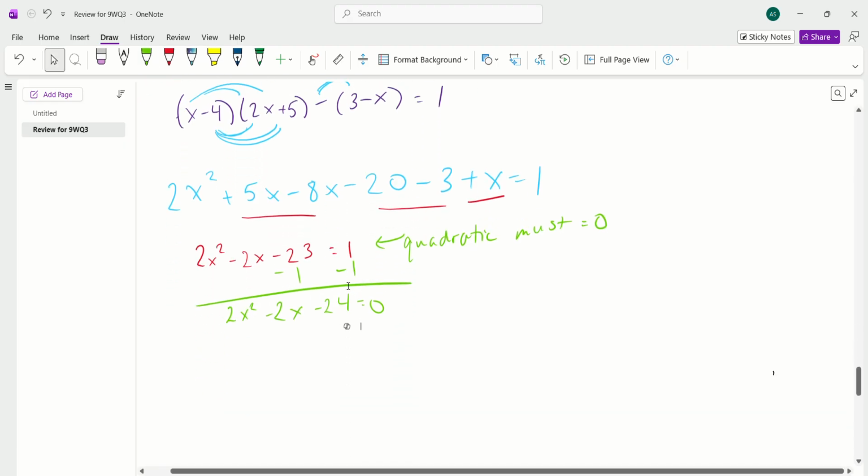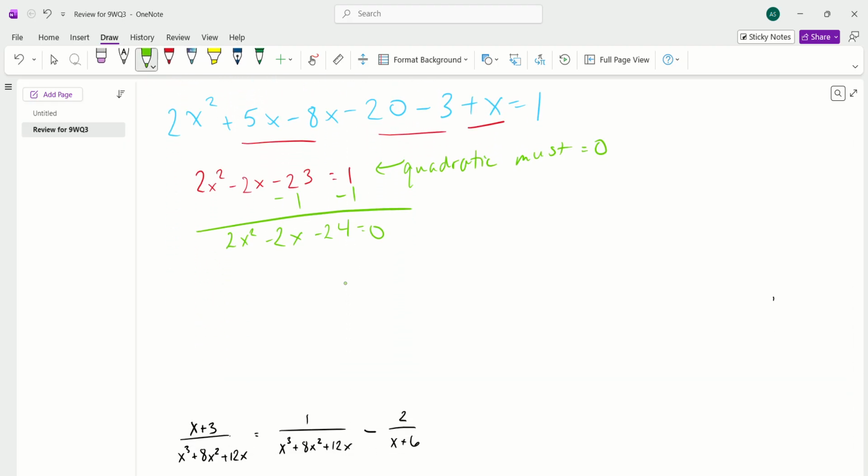Now, at this point, if you have mastered that worksheet that is on the front of your review packet, you will recognize that this is actually a quadratic with a GCF that you can factor out. So I'm going to factor out this 2, which means I'm going to divide everything else by 2 as well. So the negative 2 divided by 2 is negative 1. Negative 24 divided by 2 is negative 12.